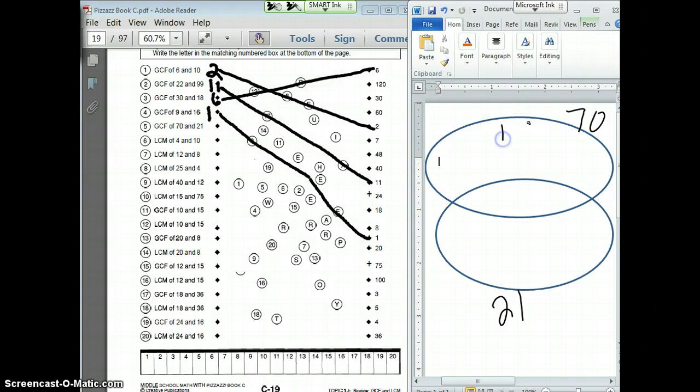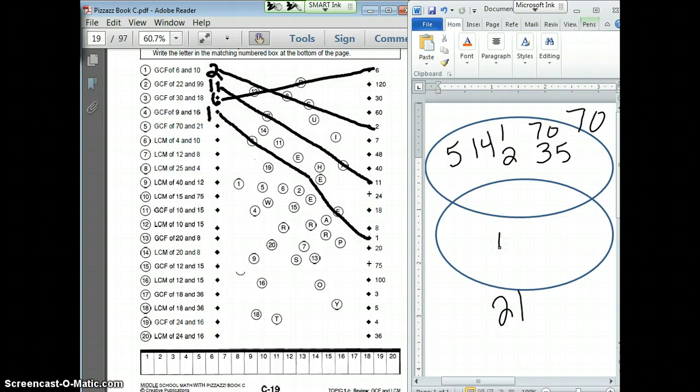We've got 1 and 70. 2, 35. 3, no, 4, no, 5. Yep. 5 and 14. And then let's start down here.